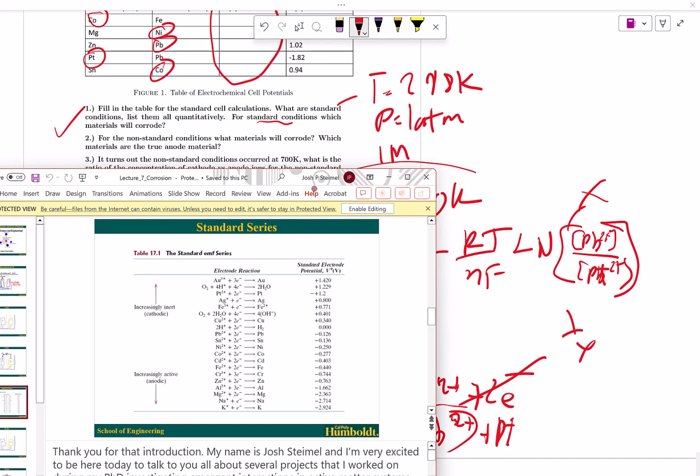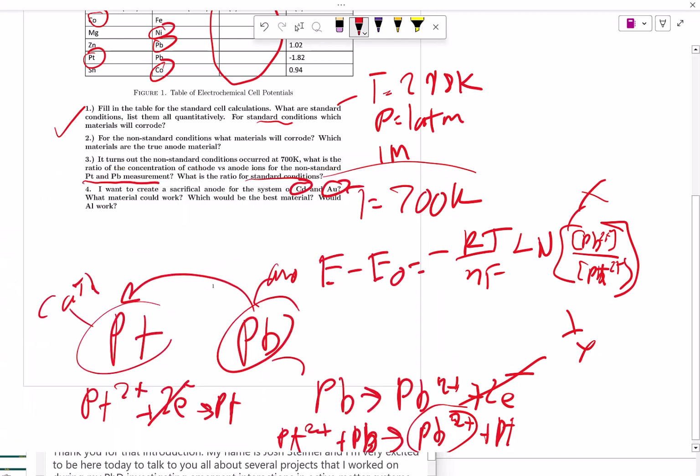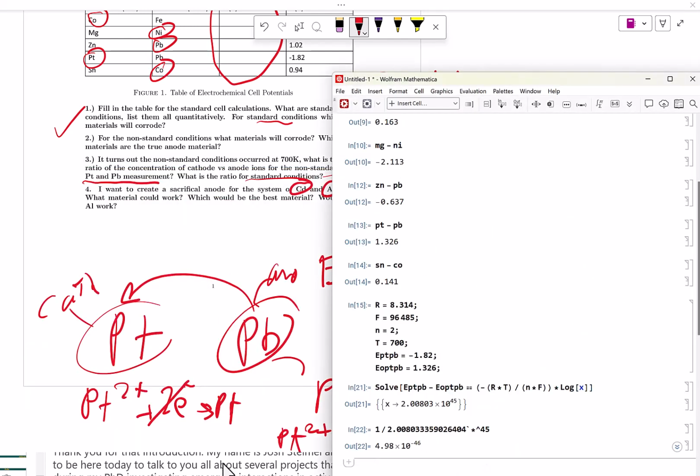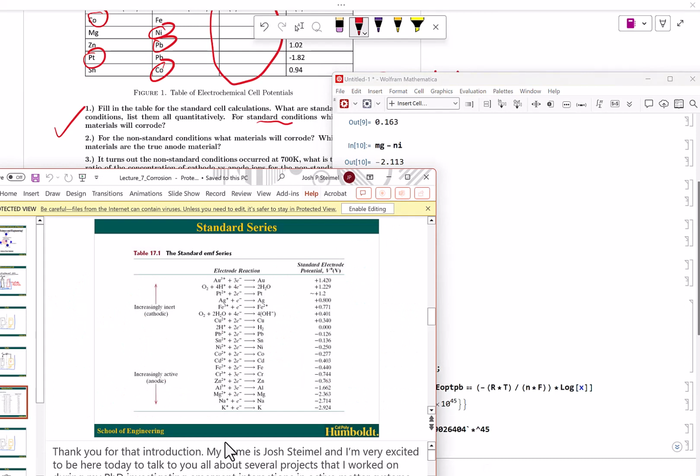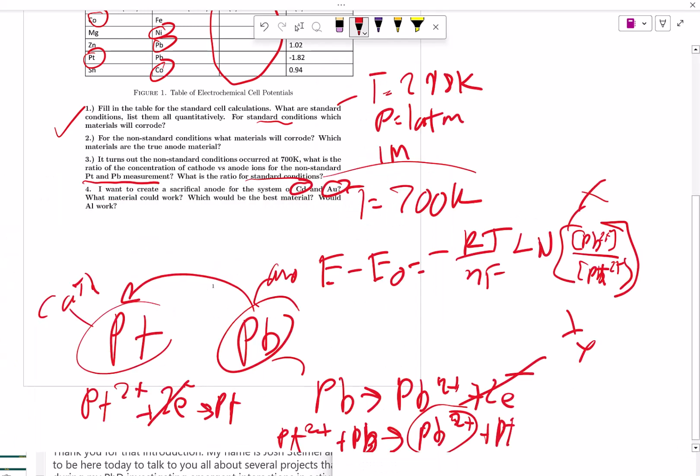So iron, chromium, zinc, aluminum, magnesium, potassium, and sodium can all work. Would Al work? Let's take a look back. Where's Cd? Al. Al would work. Yes, indeed.